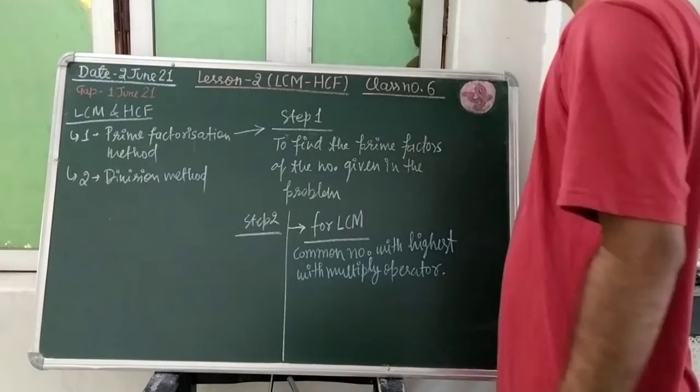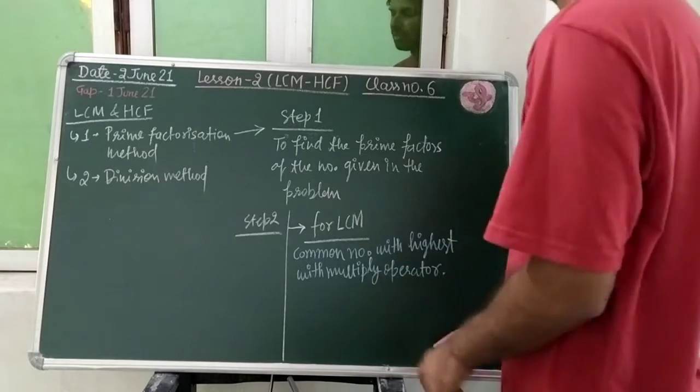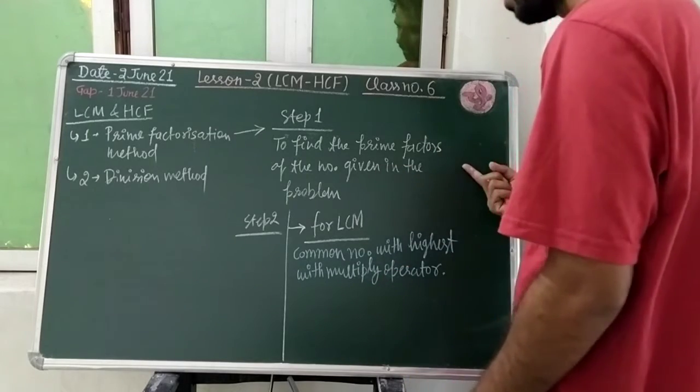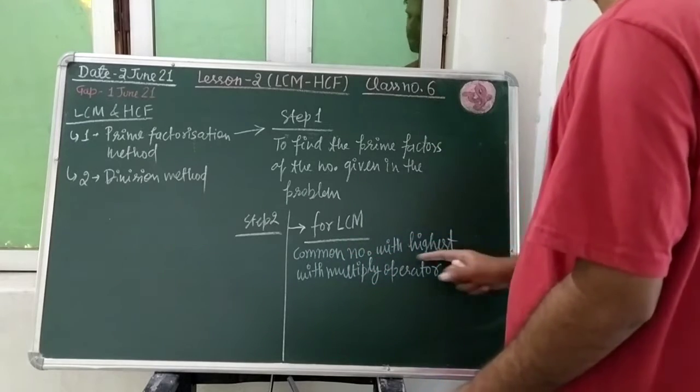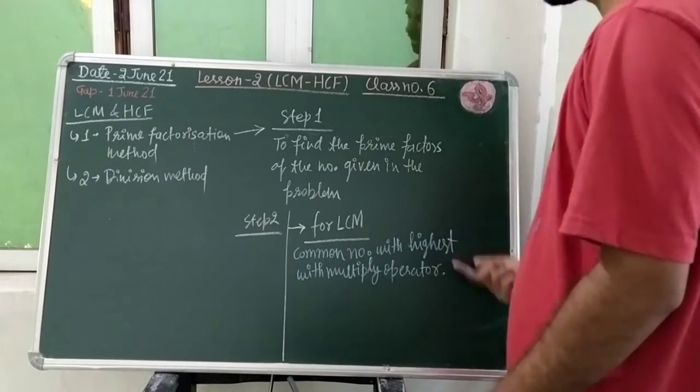When we find the LCM by the prime factorization method, we apply the rule common number with highest power with multiply.